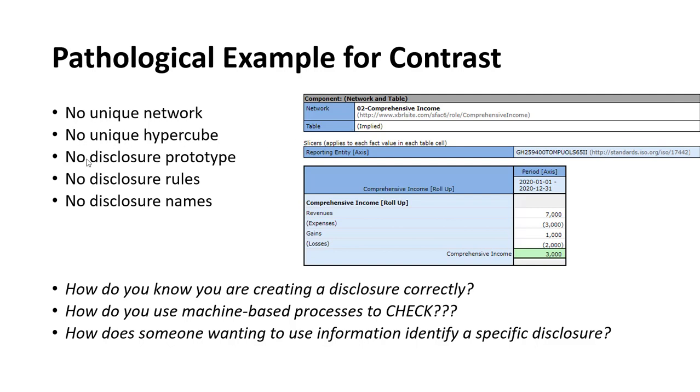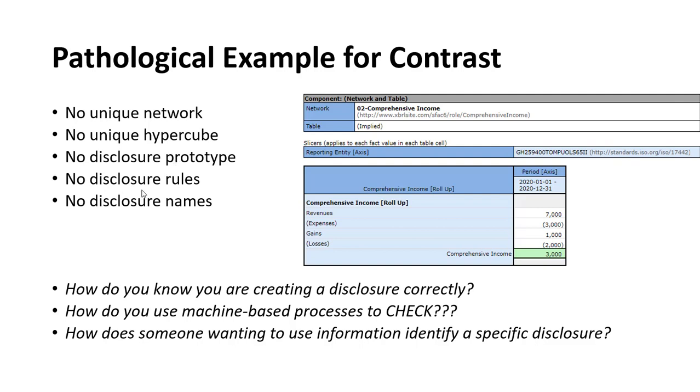You don't have a prototype disclosure. There's nothing that explains exactly what the disclosure is. For example, the US GAAP taxonomy does not have the notion of a disclosure. What it is, it's just a pick list of stuff. You cannot send a piece of software against that taxonomy and say, give me all the disclosures.